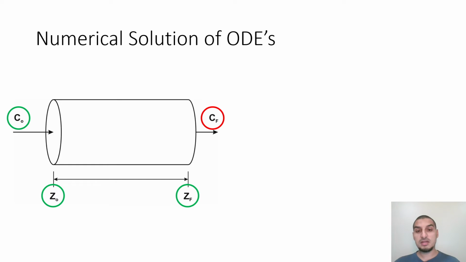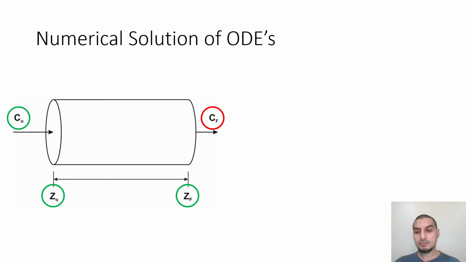This is what we do in ordinary differential equations. We know that the concentration changes along the reactor. At each point the concentration changes, and consequently the rate of reaction changes, which affects the concentration at the next point. This is how the system works.